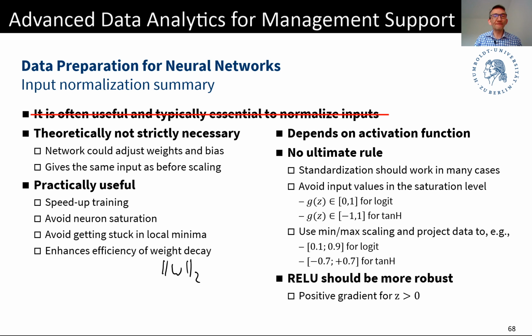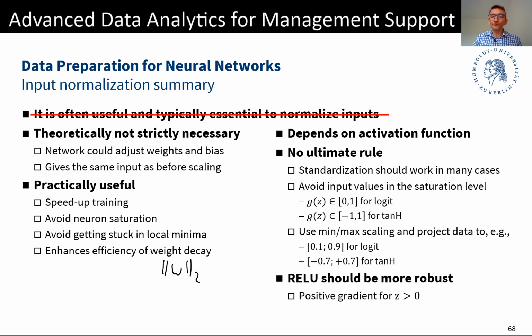This is what I was showing with my regression example, right? So the penalty that punishes large feature weights, you wanted to punish the importance of the features or the lack of importance. You do not want the weight to pick up the range of the feature. And this is why weight decay also is more effective if you normalize the inputs.